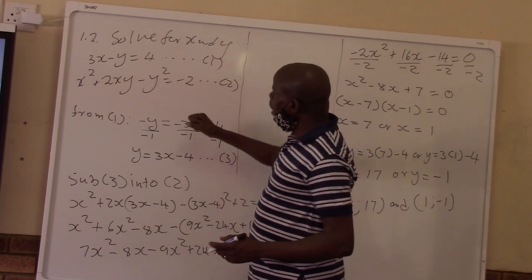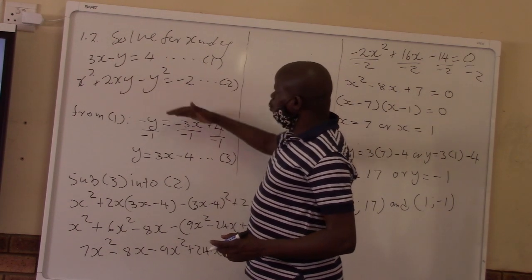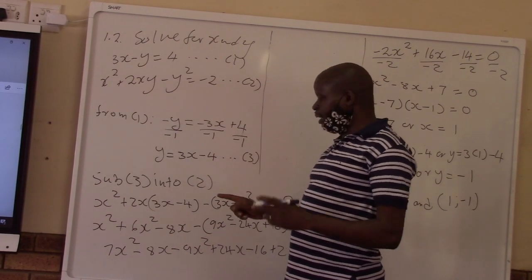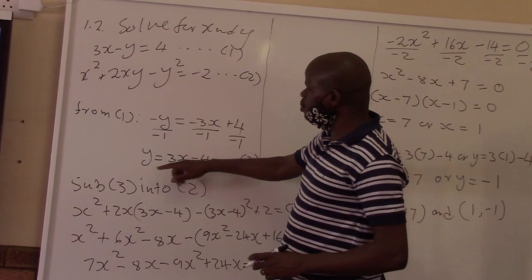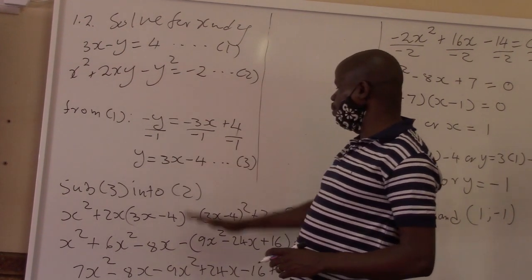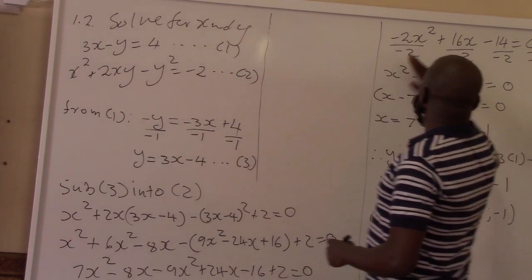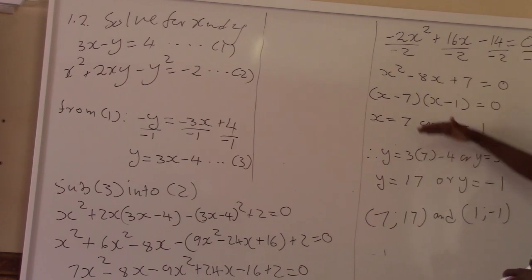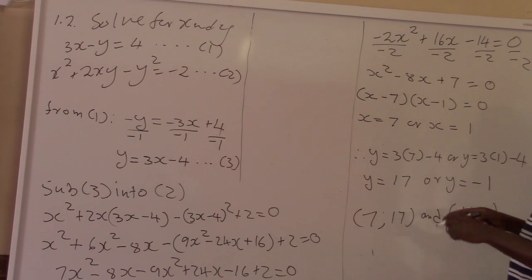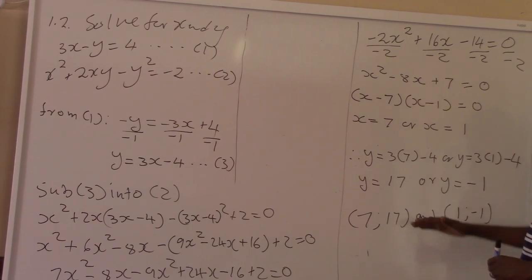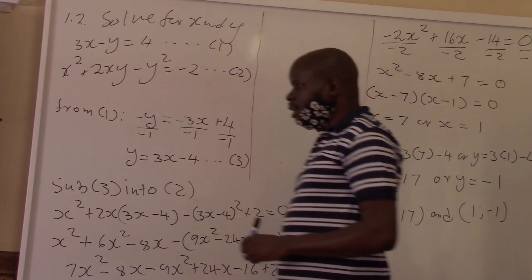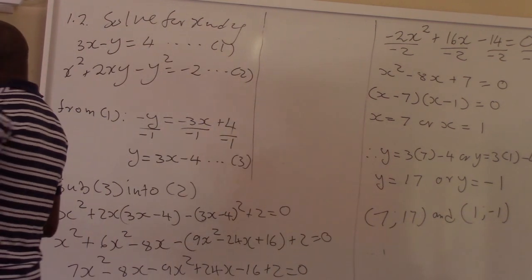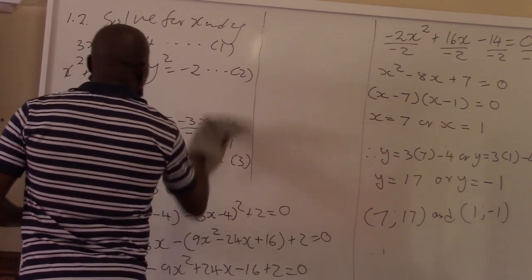And then from one equation you make one of the variables the subject of the formula. In this case we make y the subject of the formula. Then you start substituting, you work it out, you find the standard form, you factorize, you find the values, and then after finding the values you substitute those values in the simpler equation to get it as you want it. So that is how this paper came for that particular year in 2017.